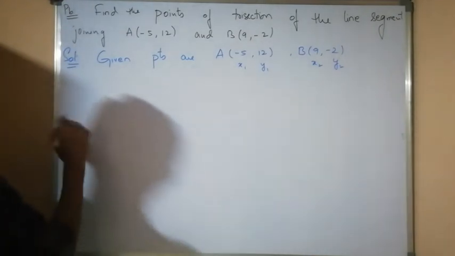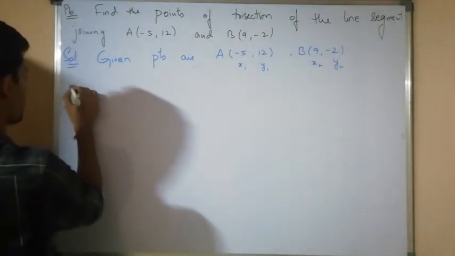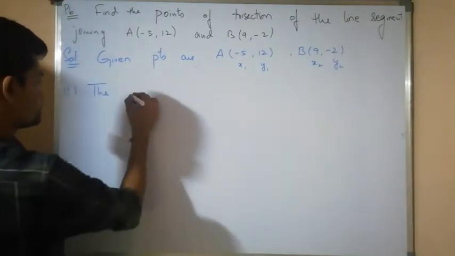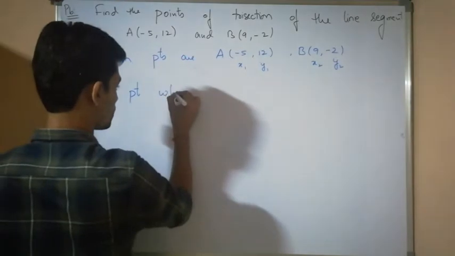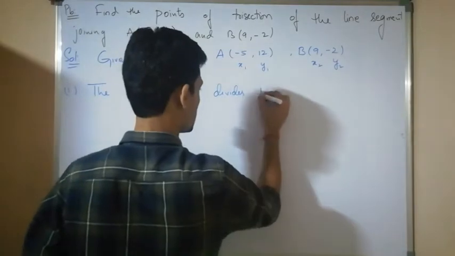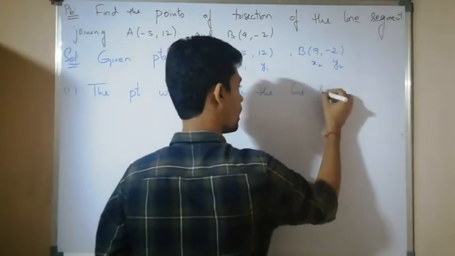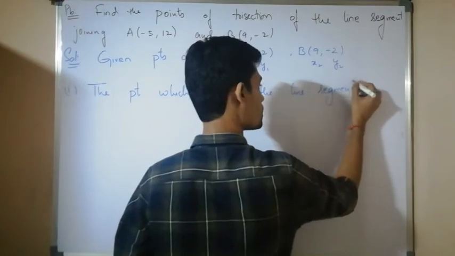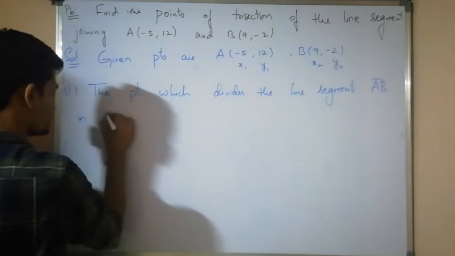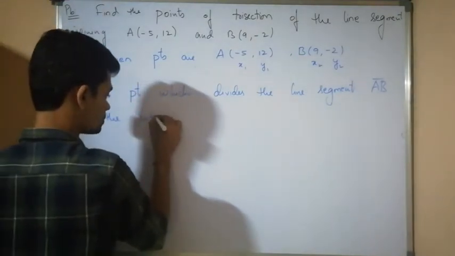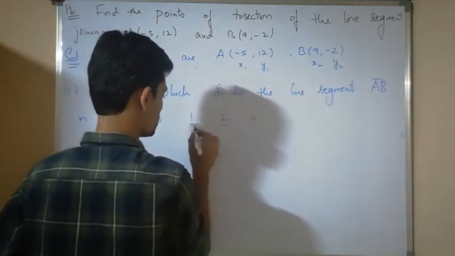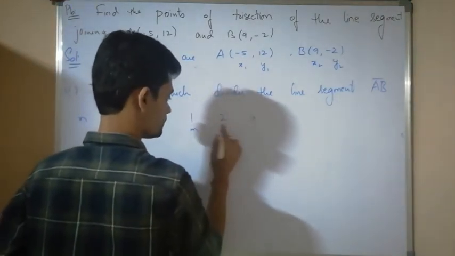Therefore, first one, the point which divides the line segment AB in the ratio 1:2 is, this is m and this is n.